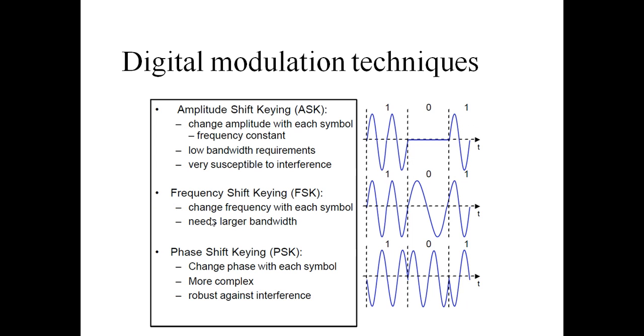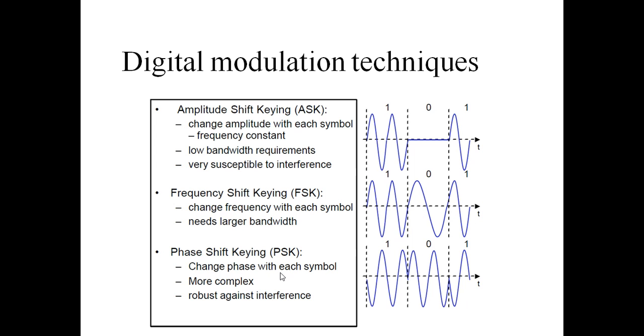In frequency shift keying, for 1 and 0 we use two different frequencies: for symbol 1 a high frequency, for symbol 0 another frequency, and again for symbol 1 the high frequency.